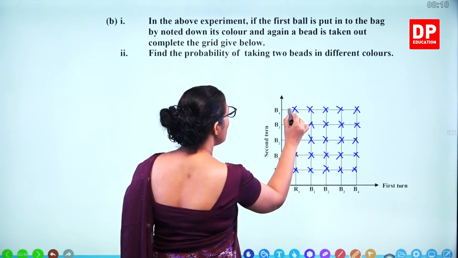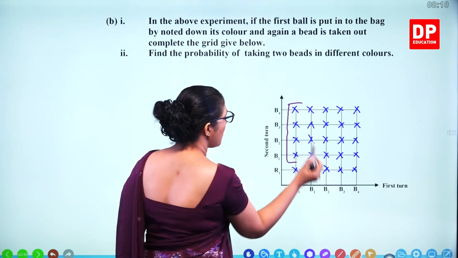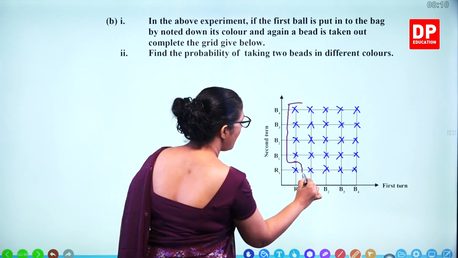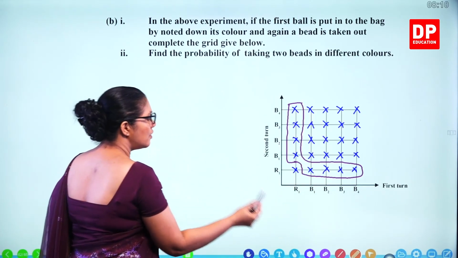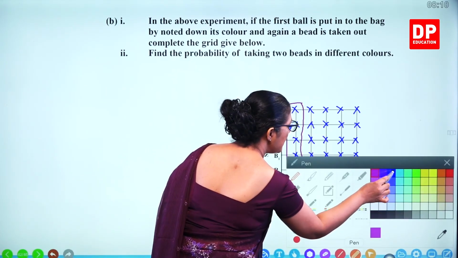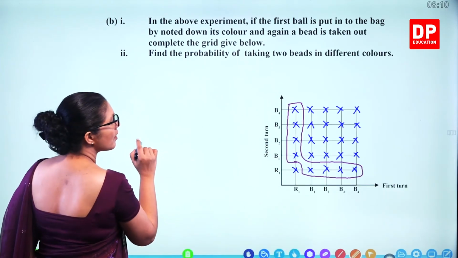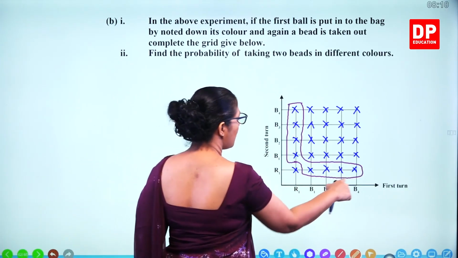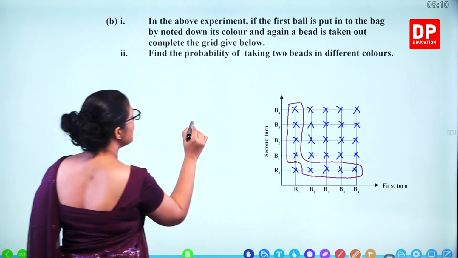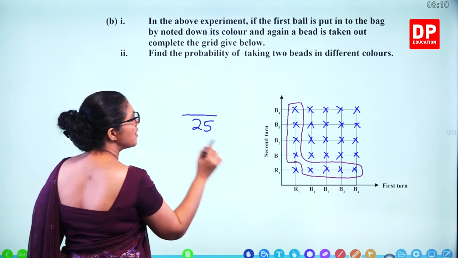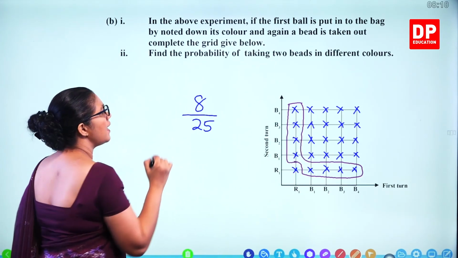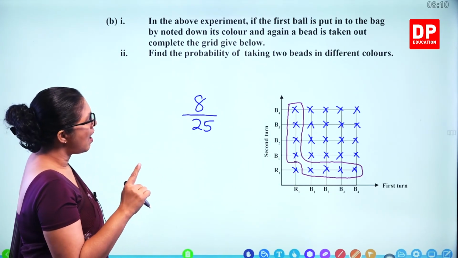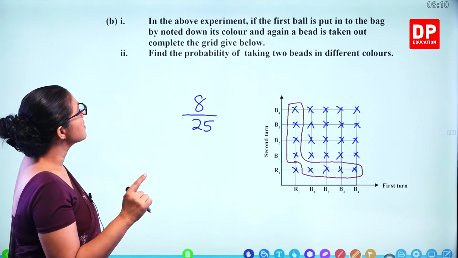R1 with blue. This part. Blue with red. So this is the outcome. So what's the probability? Altogether 5 into 5, 25. Out of 25, 1, 2, 3, 4, 5, 6, 7, 8. 8 are taking different colors.